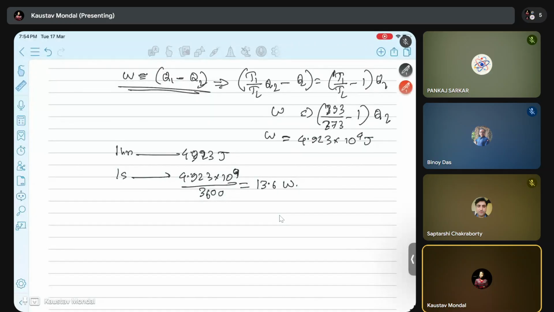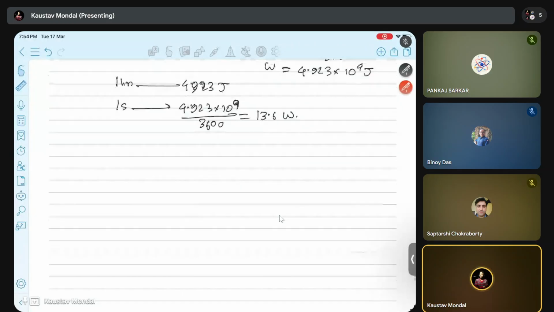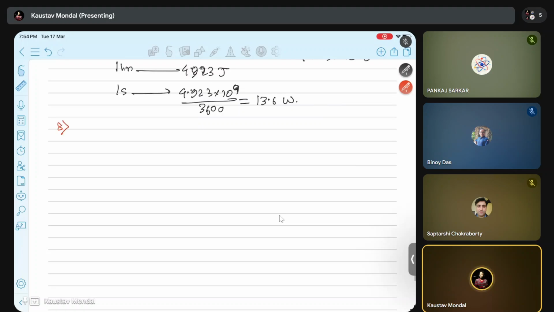Okay. Next problem is problem number 8. A Carnot engine with efficiency eta, so eta is 0.6, drives a Carnot refrigerator.